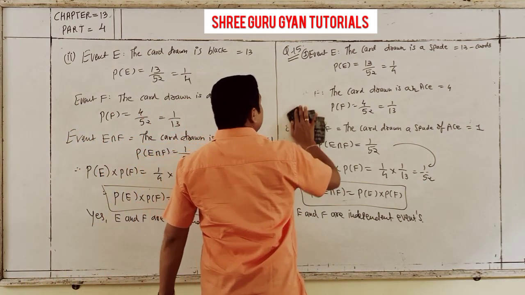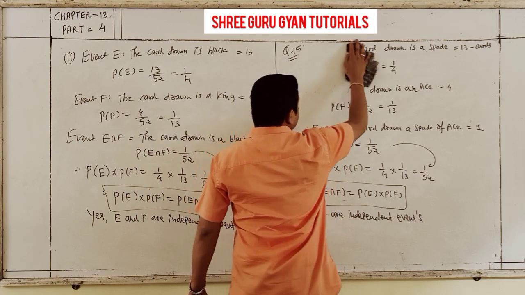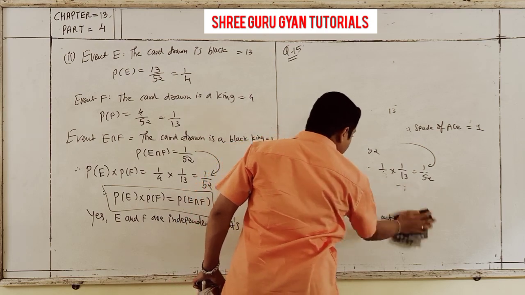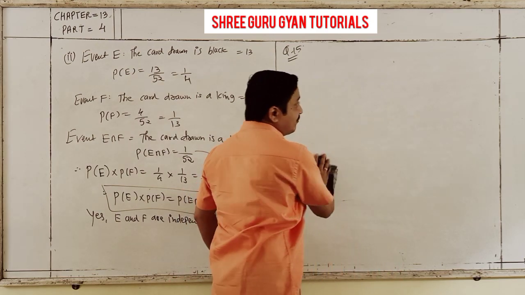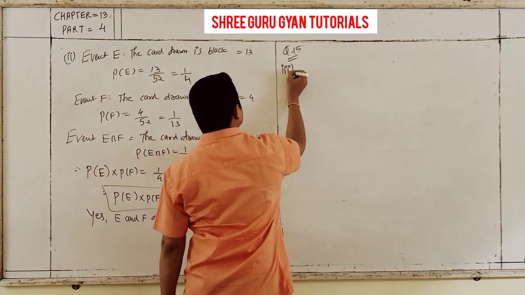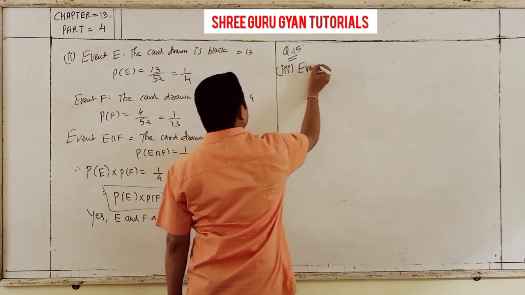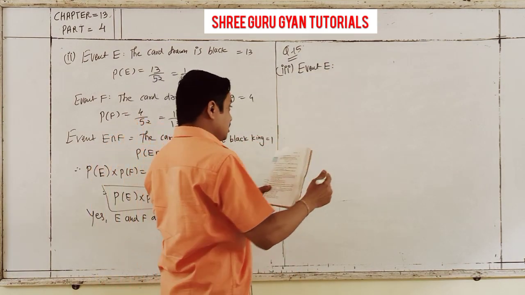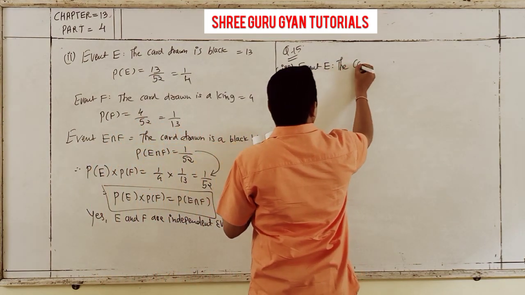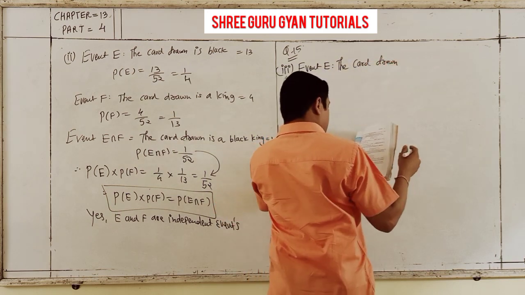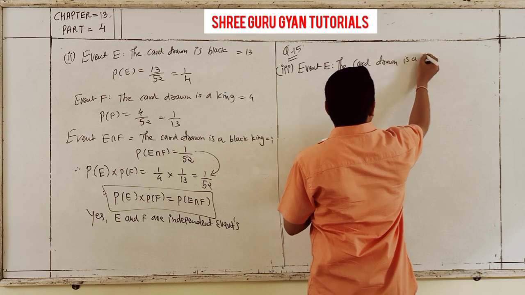Now the third one. Similarly, event third. Question 15, but the third question is much the same as I explained, only you define the elements and probability. So third one, event E. My third data given: the card drawn is a king or queen.